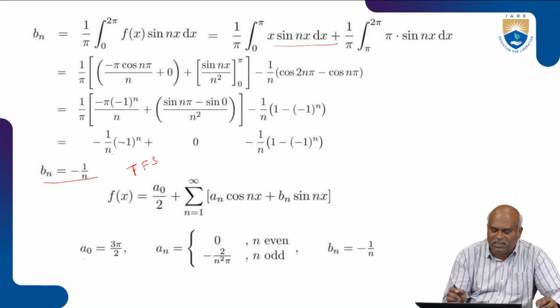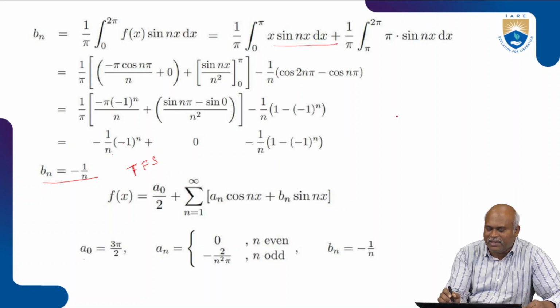Okay, so that is represented here. I write a0 is equal to 3 pi by 2 divided by 2, that is 3 pi by 4.